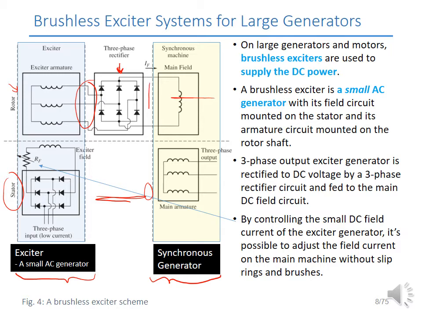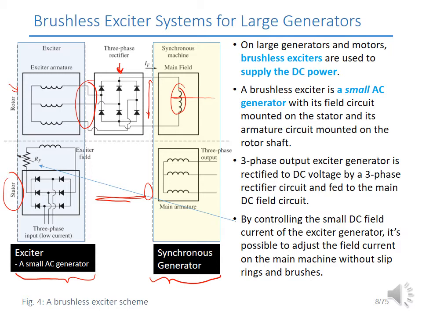So across this you've got a DC voltage, and this is supplied to the field winding of the generator, of the synchronous generator. So as you can see here, by using this exciter, which is a small AC generator, we can produce the DC voltage that is fed to the field winding of the synchronous generator.